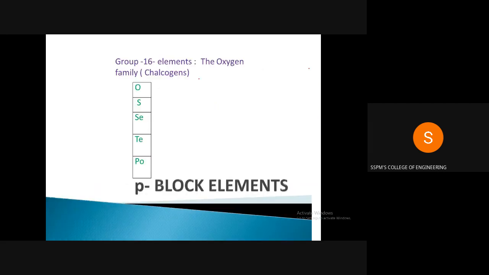So group 16 elements are called chalcogens. Chalcogen means what? Chalcogen means they form ores, that is oxide. Oxygen reacts with any other element to form oxide. Then sulfide. Sulfur reacts with any other element to form sulfide.